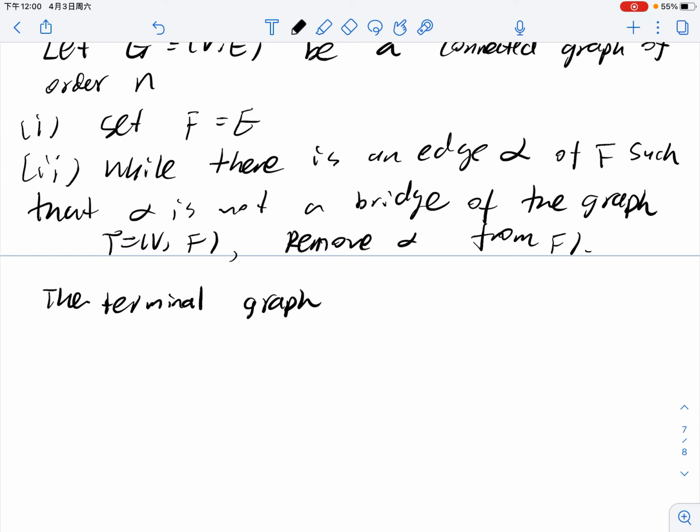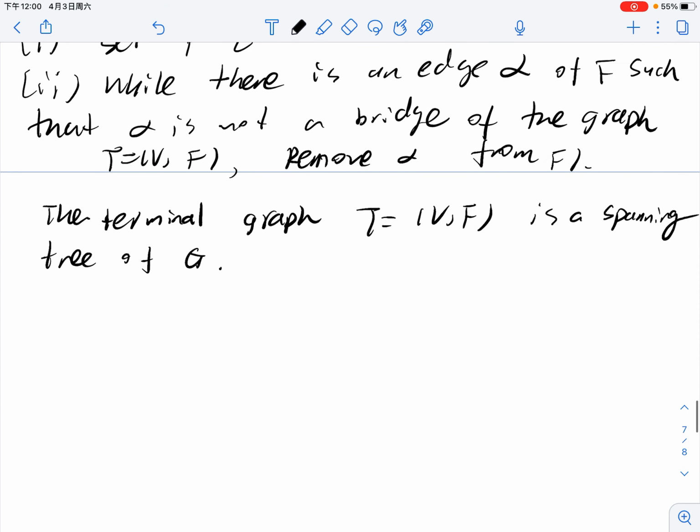So the terminal graph T is a spanning tree of G. Okay, so we are done.